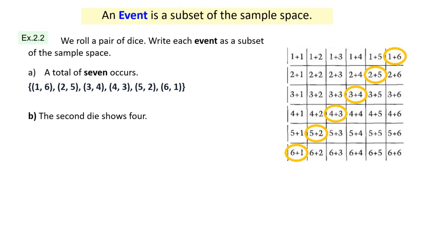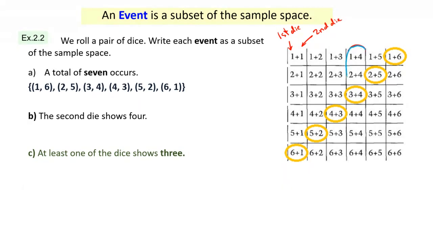The second die shows 4. The first number is the showing of the first die. The second number is the showing on the second die.